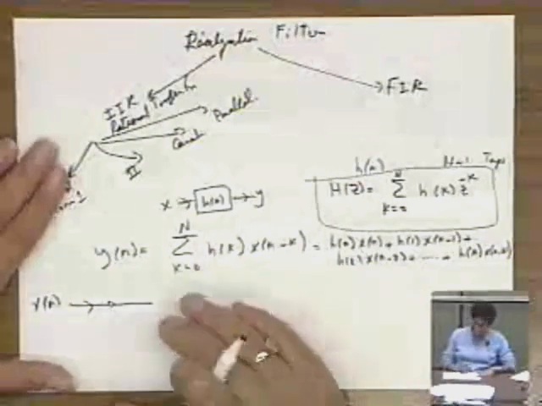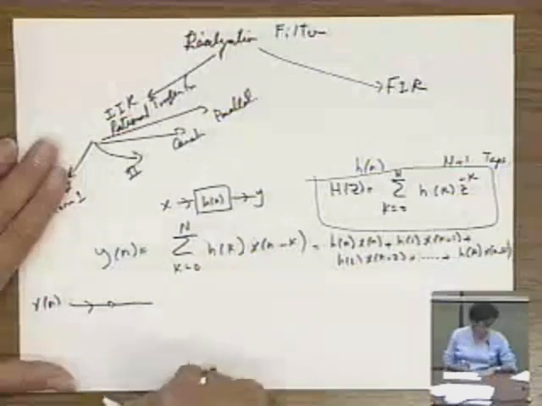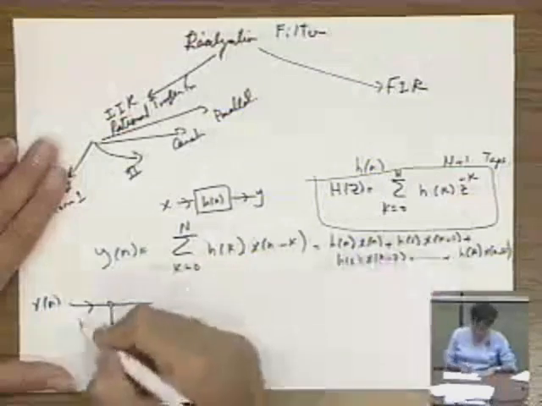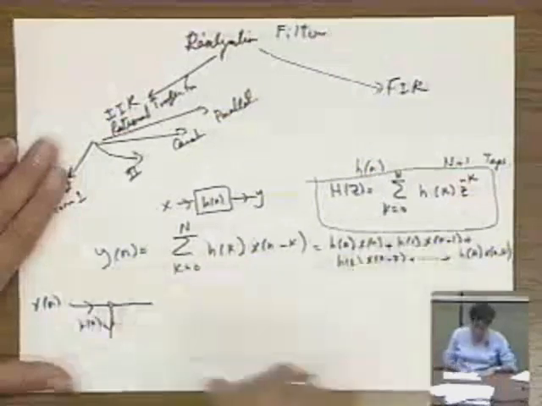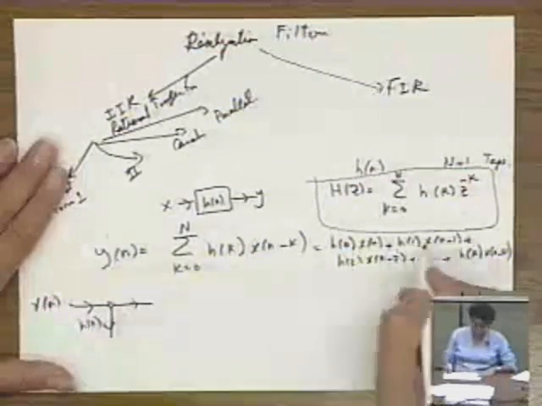And so let's see if we can come up with a realization that implements this. So here's x of n. We're going to be multiplying it by h of 0 to get this term.